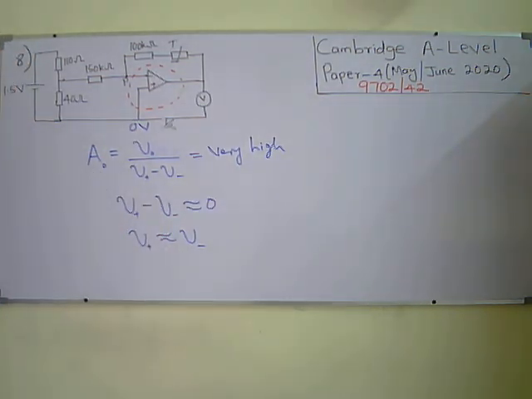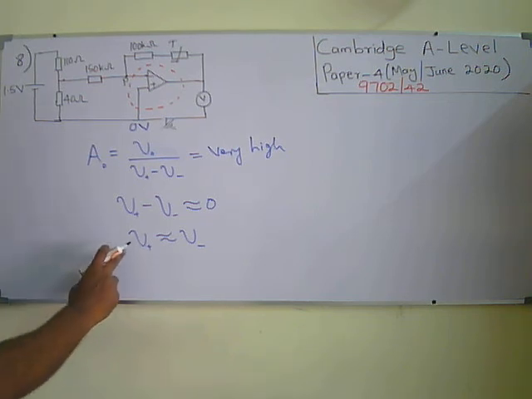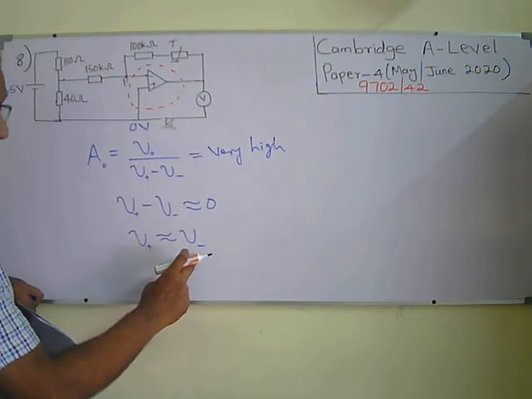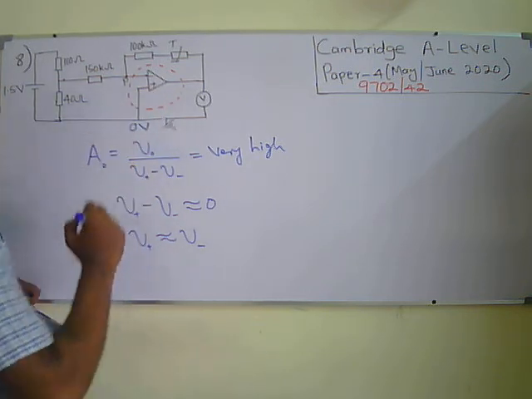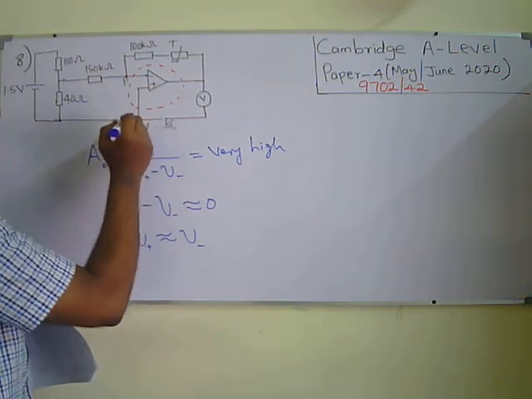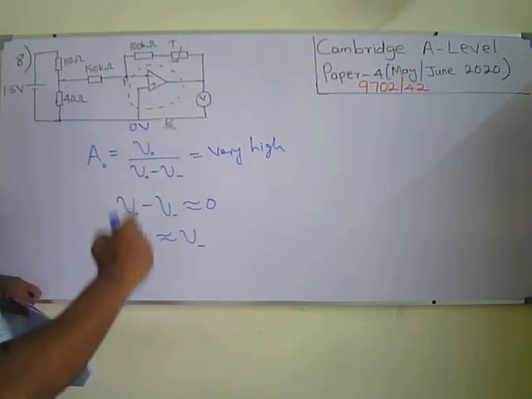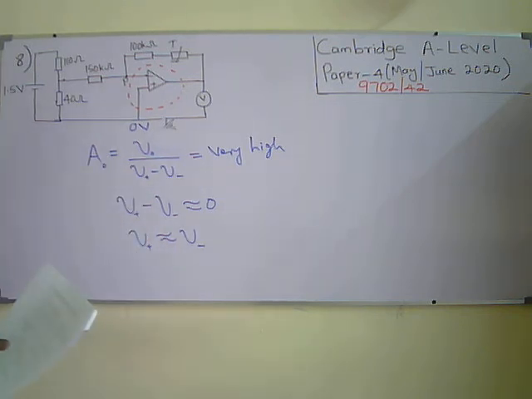For that you get the second mark. Therefore V plus equals V minus, and then you should say V plus is equal to 0 because the non-inverting terminal is connected to earth. Therefore V minus will also be equal to 0. It looks like it's connected to earth, but it is not connected to earth.